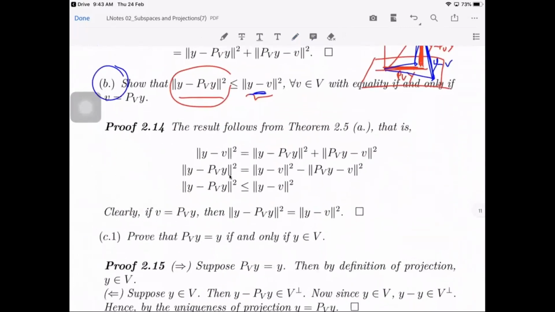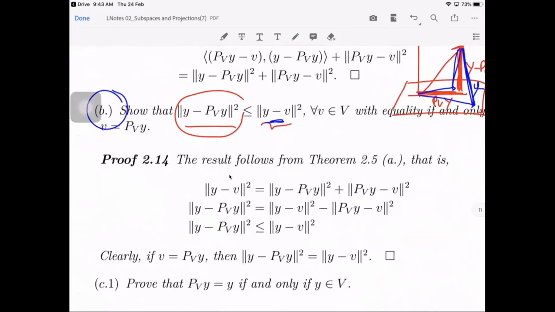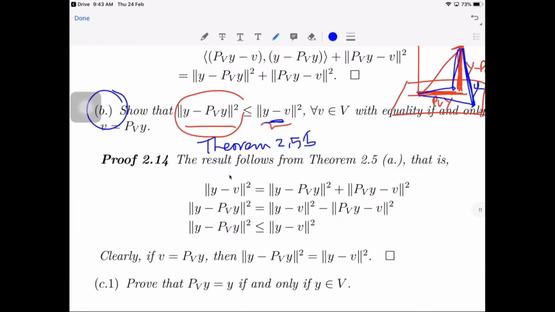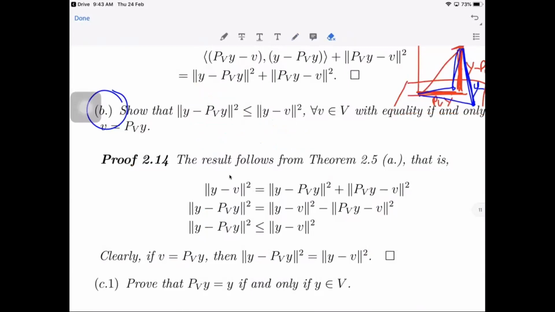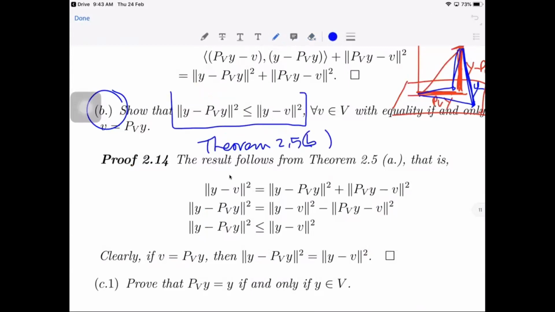Unsa to na statement akong gibutang dito sa notes? Unsay in English ani, in layman's term, naman ko gibutang sa una na note dito na theorem 2.5B. Unsa to siya?